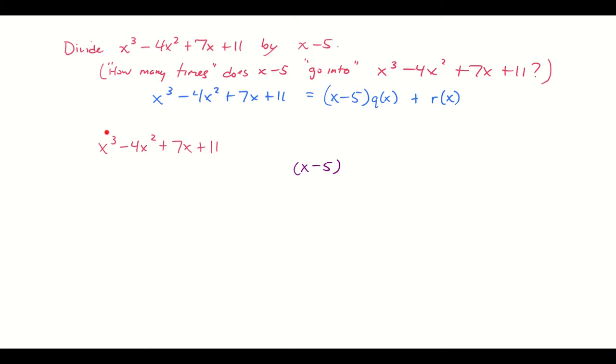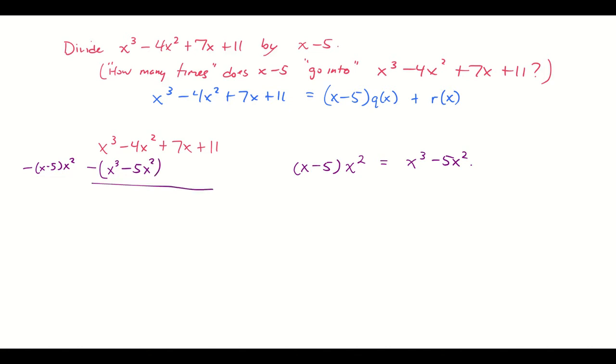Well, I'd really like to get an x cubed to take out because then I'd be left with only a quadratic over here. And to get an x cubed over here, I'm going to multiply this by x squared. And if I do that, I get x cubed minus 5x squared. All right, so let's see what happens if I take out x minus 5 times x squared. So I'm going to be taking out x cubed minus 5x squared.